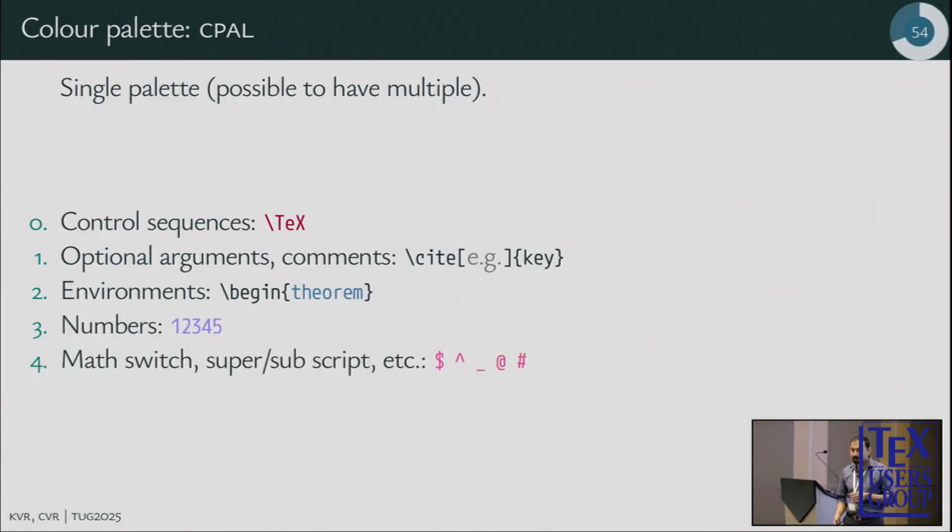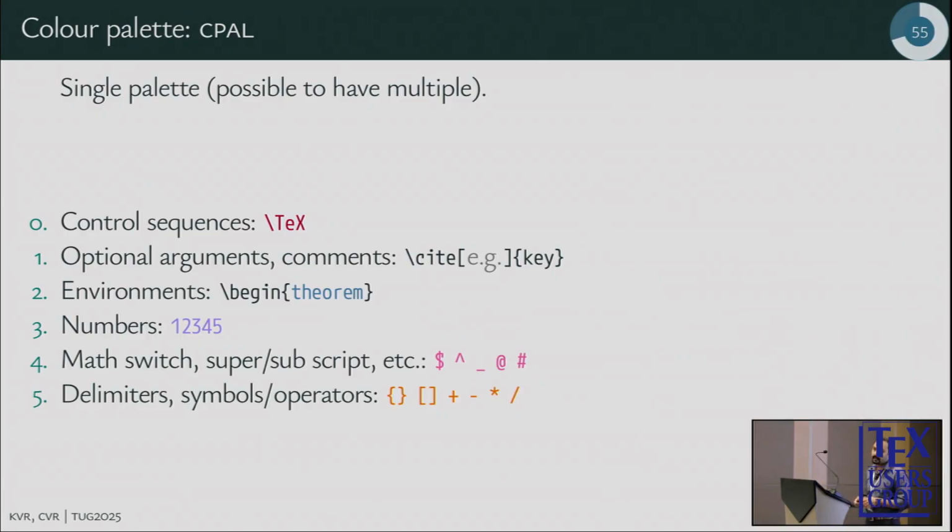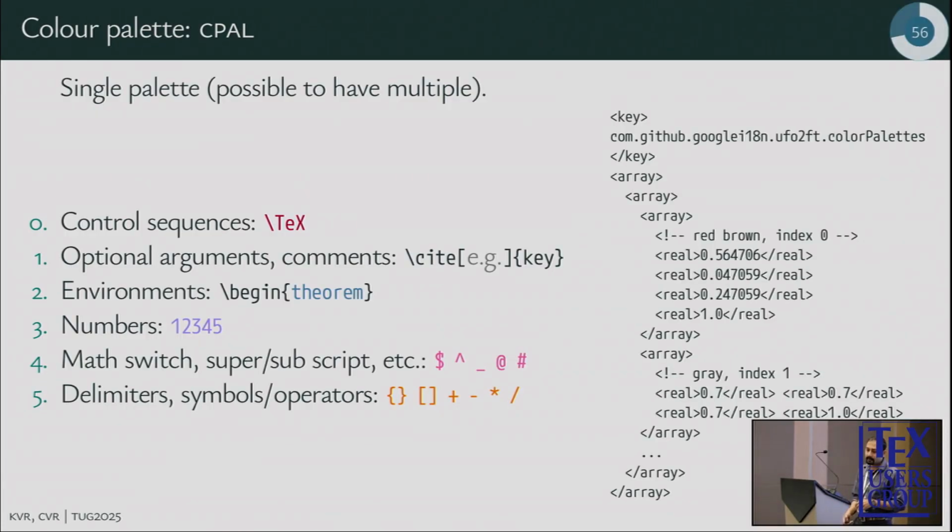Is it light purple or something? And math switch, such as dollar, subscript, superscript, the caret symbol, underscore, @, macro parameter, they are colored differently. Delimiters and binary operators, they are colored in orange. And this is how you can define the color palette in that lib.plist.